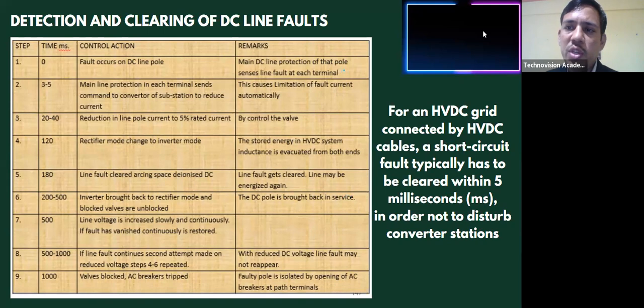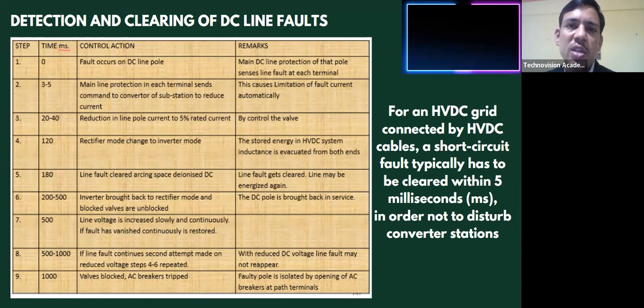But there is an issue with the VSC HVDC which has cables and no DC side breakers. So there is a dependency for the fault clearance on the AC side breakers, because of the freewheeling, anti-parallel diodes in the IGBTs, some fault current remains fed into the system, and when the AC side breaker opens, then that fault will get cleared.